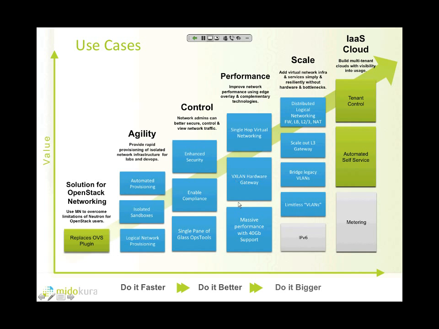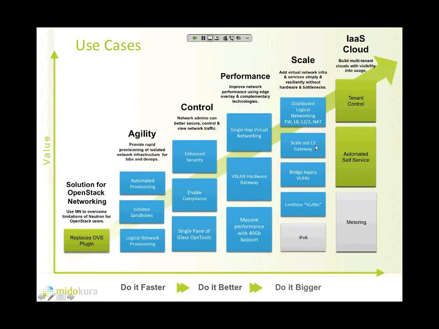Also, we have tie-ins with our hardware vendors, such as Dell and Cumulus, to provide VXLAN hardware gateways. So this allows the bridging of virtual machines and workloads to physical servers, hanging right off the top of rack. Also, we get great performance with our 40 gig NIC support.